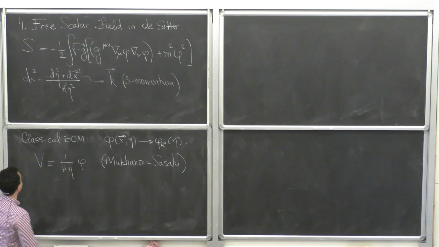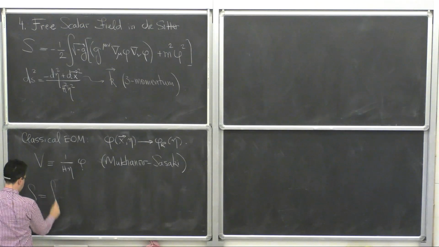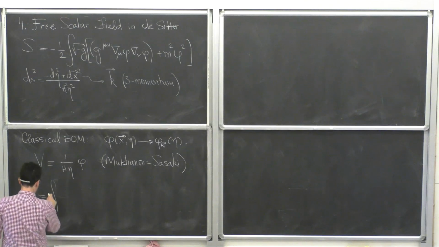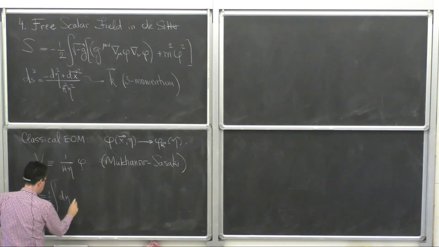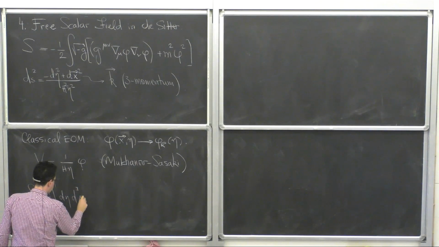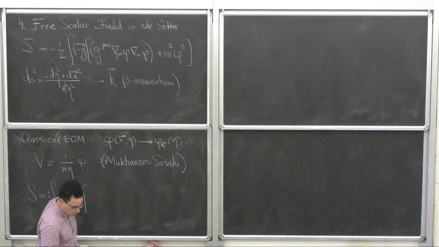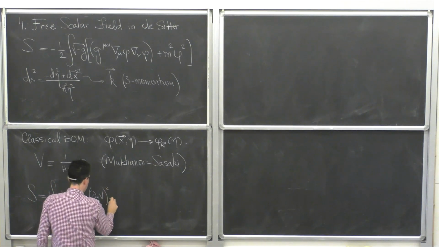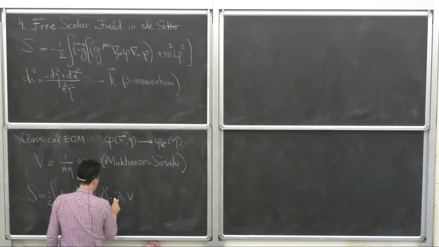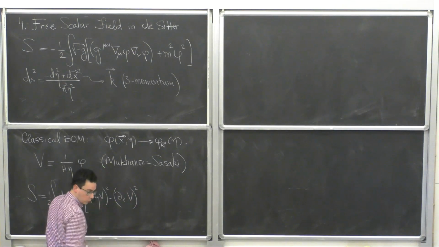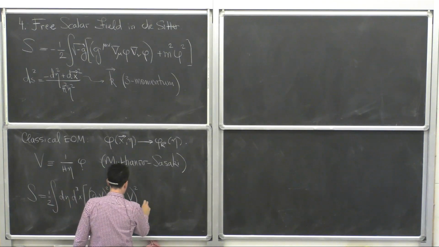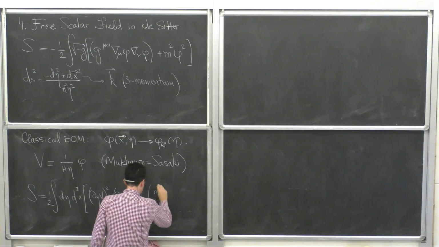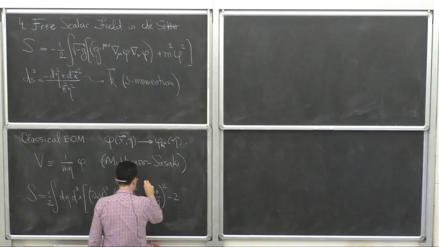If you plug this in the action, then the action becomes, I need my cheat sheet here. So it looks like this: v prime squared minus, v squared minus, and then there will already be something peculiar going on from the canonical normalization.